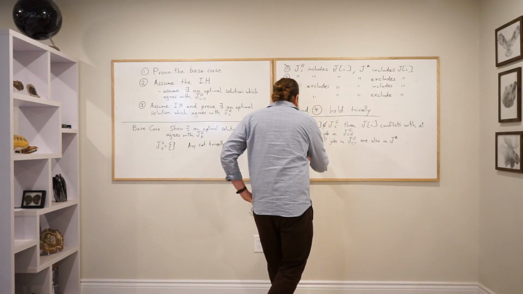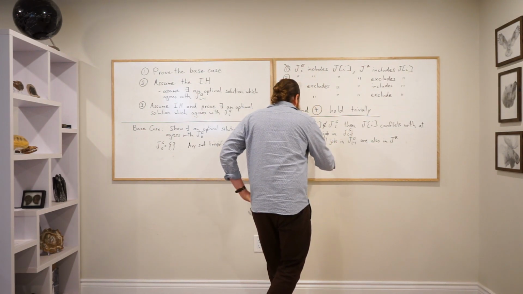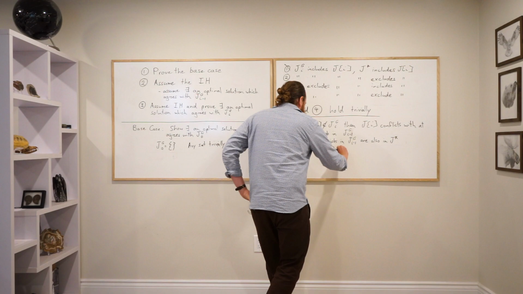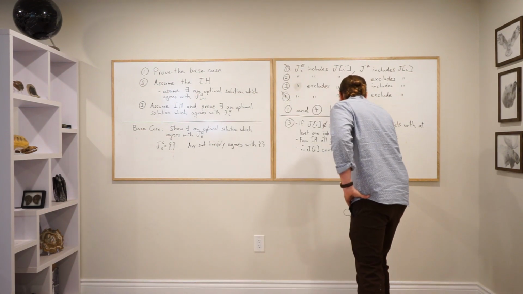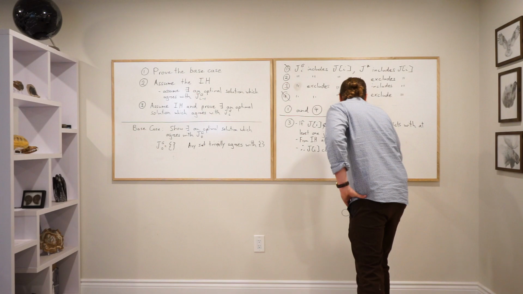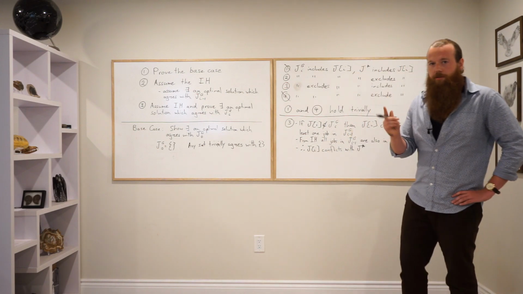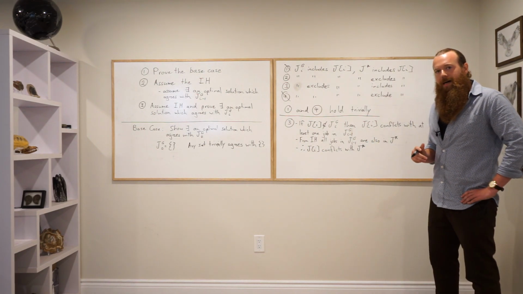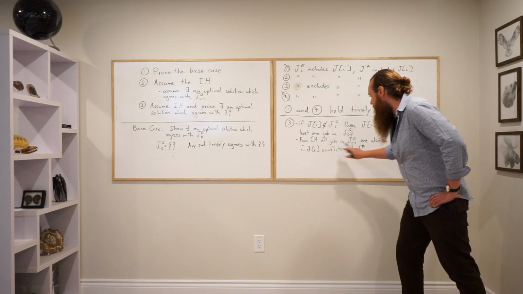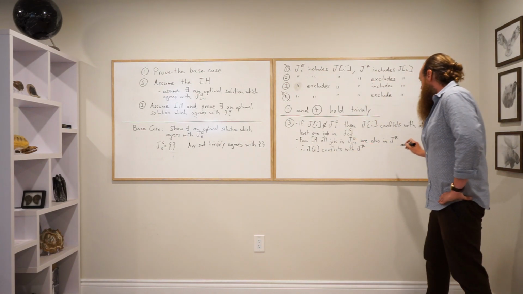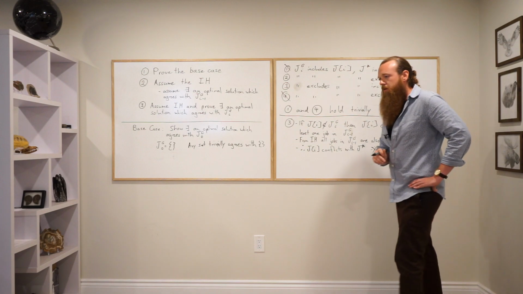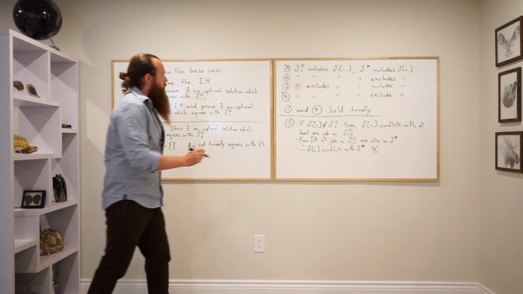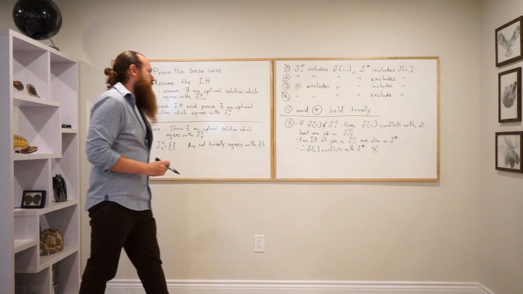Therefore, Ji conflicts with J star. However, J star is an optimal solution. Optimal solutions don't have conflicts. Well, it can't have a conflict in it, and it has a conflict in it. That's a contradiction. Meaning, case 3 never happens. So boom, case 3 is taken care of. Easy. Okay.